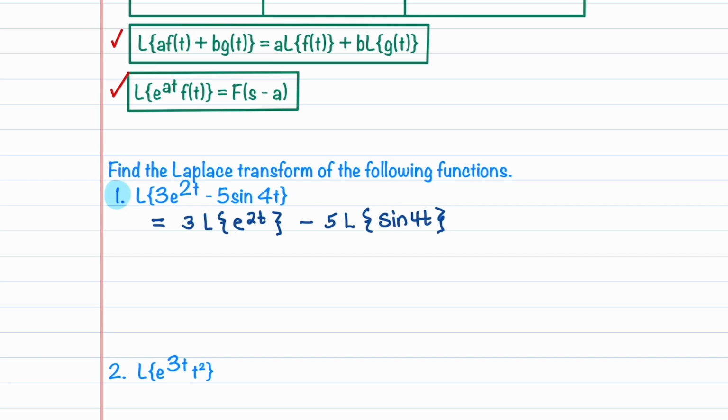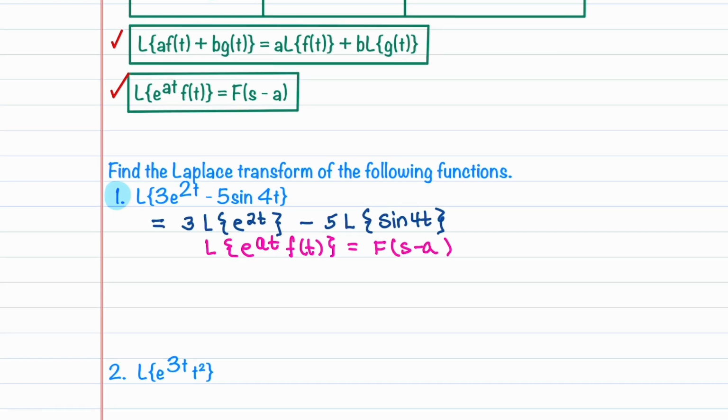To do that, let's go ahead and write down the general formulas that we're going to need. The Laplace transform of e to the at times f of t is just F of s minus a. So let's make a note here. In our original function, we can think of this as e to the at times 1.